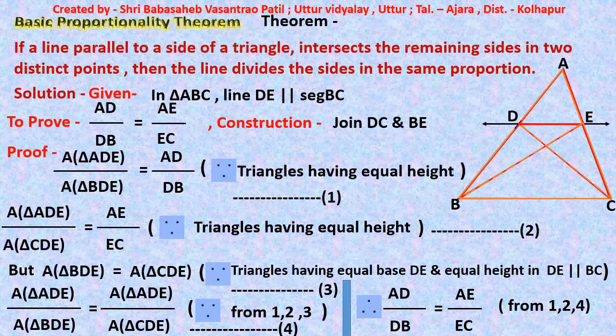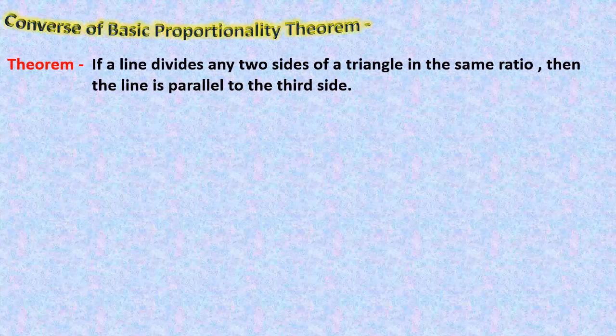Then we discuss the converse of the basic proportionality theorem, and its proof in short. The theorem is: if a line divides any two sides of a triangle in the same ratio, then the line is parallel to the third side. For that purpose, we draw triangle ABC and segment DE.